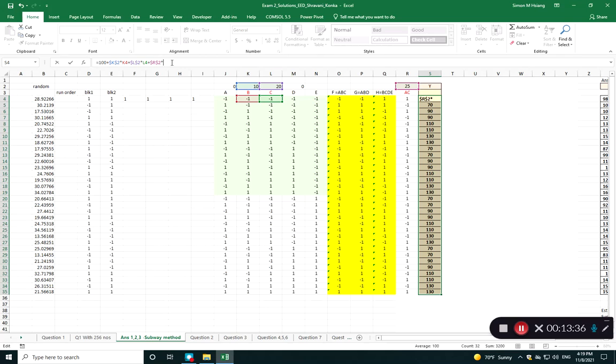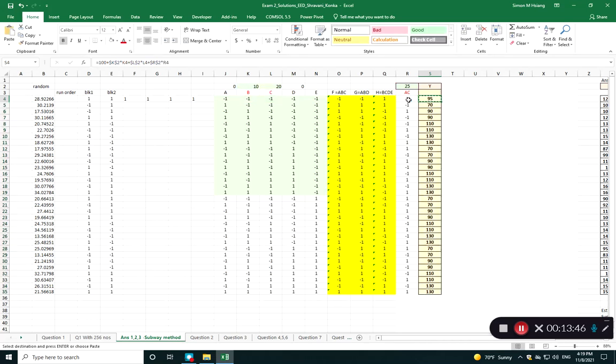But here I'm just showing you the way I would do it, not manually, one by one. So I have the AC interaction term. And of course, the AC, you know that is A times C, right? So everybody with me? This is my Y, with B effect, C effect, and AC interactions, right?